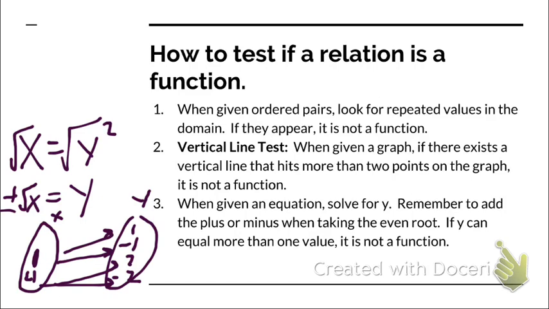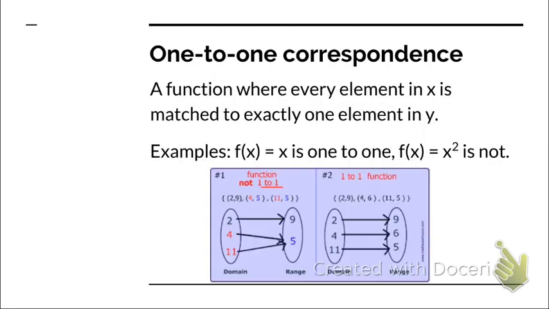So if you were to switch x and y and now have x equal to y squared, you run into this issue where you have one x value going to two different y values. So in equations, if you see y being raised to even powers, it's not a function. Other than that, you're just going to look at a graph and see if it passes the vertical line test.